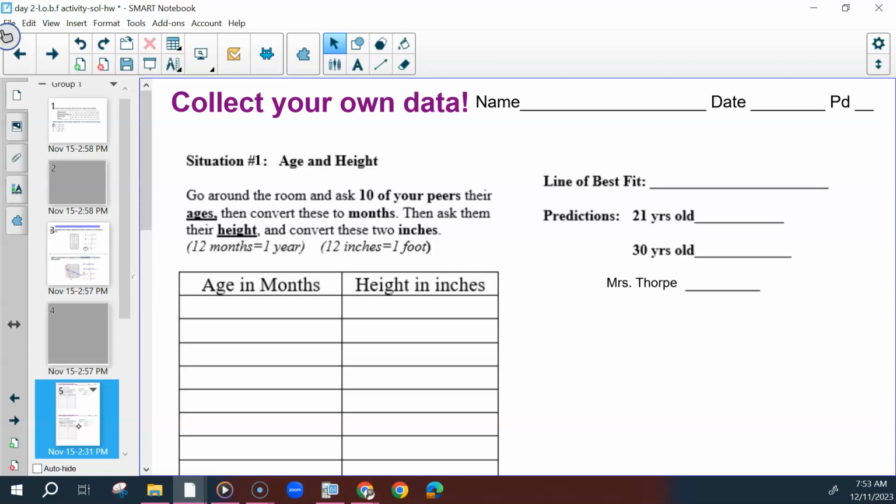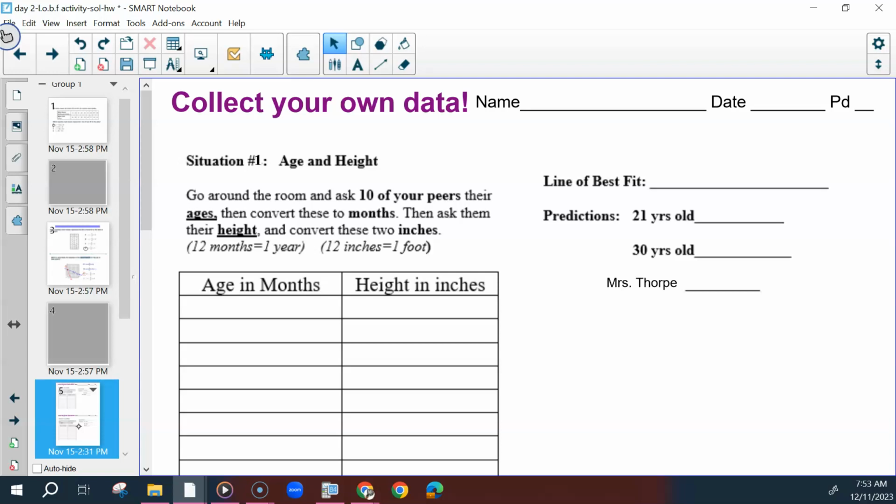You can write those down and then convert at the same time, or write them all down and then convert them afterwards. The data that you're going to use, the age needs to be in months. So however old they are, you need to convert that to months. However tall they are, you need to convert it all to inches. If you're not sure how to do that, you can come ask me.